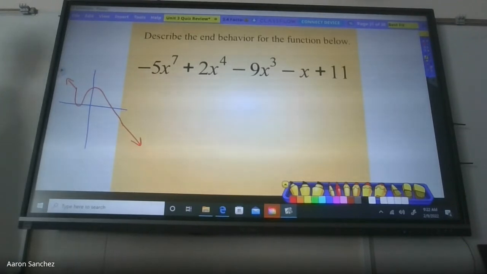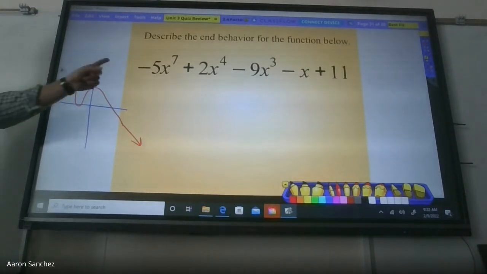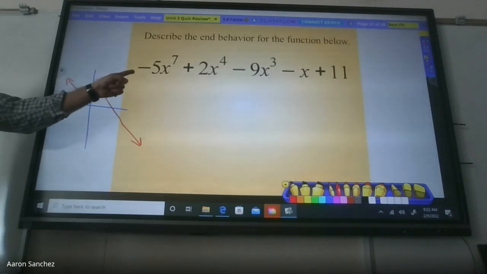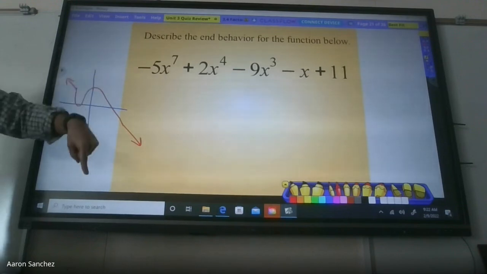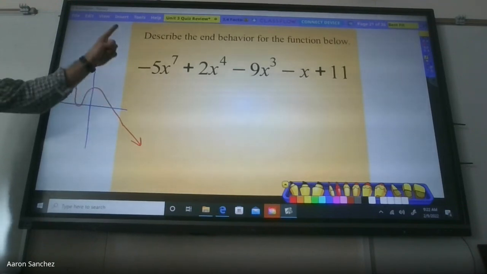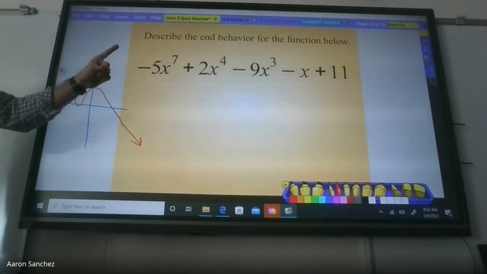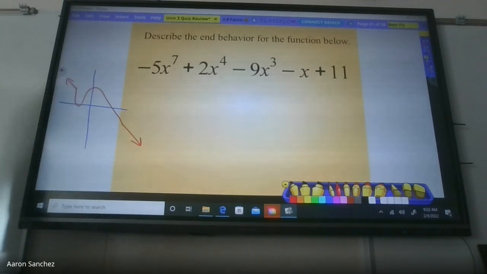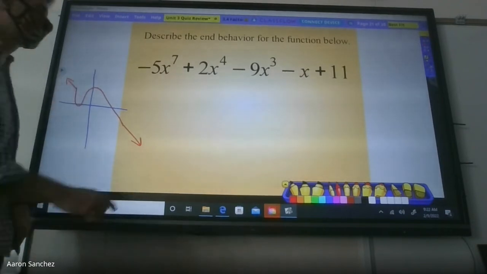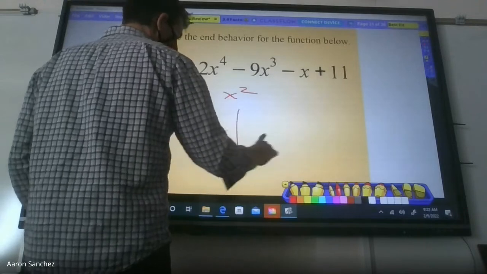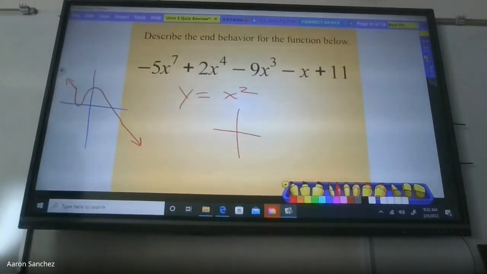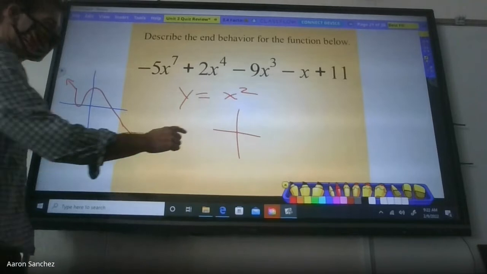Yes, Nick. How do you know which side is going down? This negative means it's going to end down. That means we're going in this direction. If it was positive, then this would be going up. Nick, if I was to graph that, what would it look like?